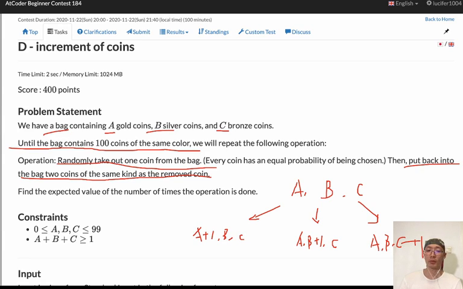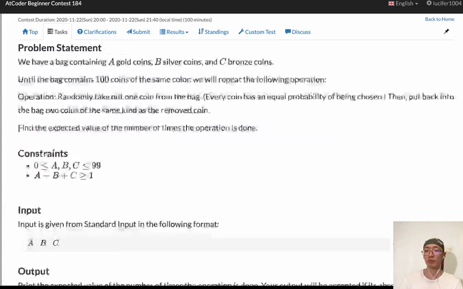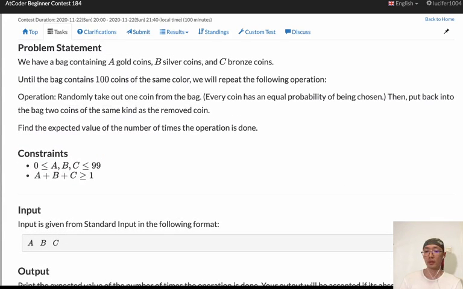So this problem is a typical depth first search problem, since here we have an upper limit of 100. So there are at most 1 million situations. So this can be solved easily through some memoization.